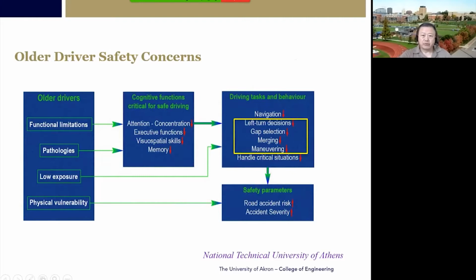We all wish we could be forever young, and not just a wish. The problem is, when people get older, we lose our abilities, as listed here, from functional limitations to even physical vulnerability. We can't compare with young people.